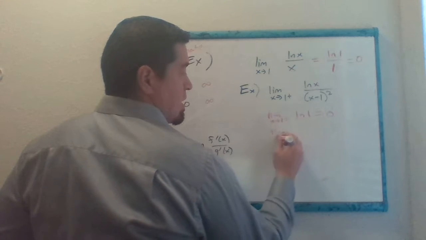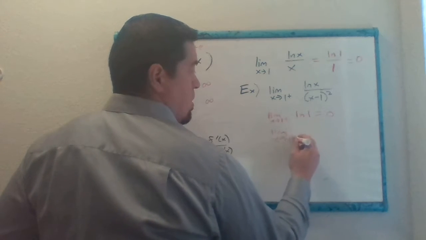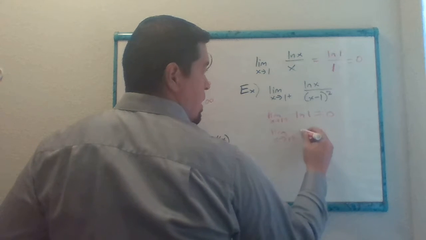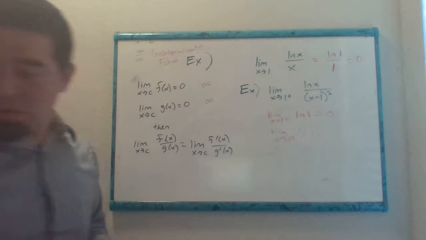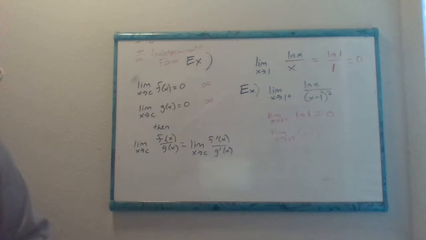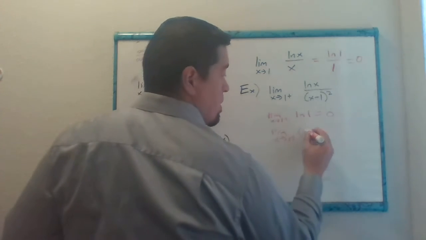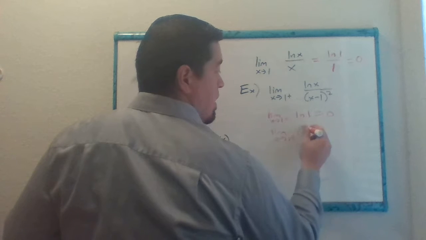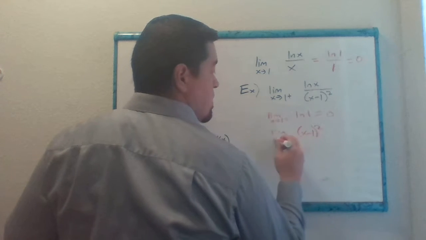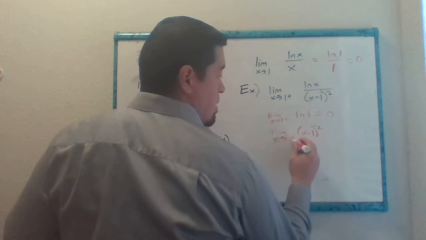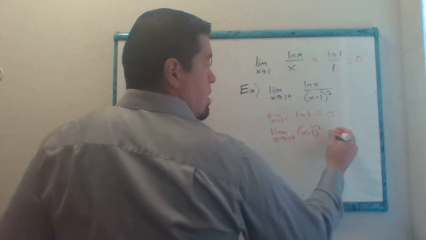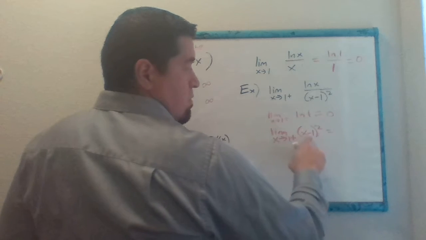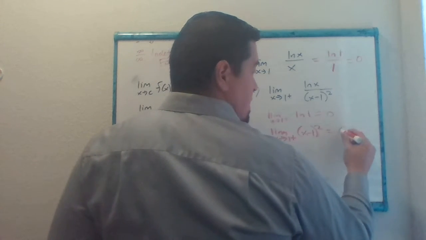The limit as x approaches 1 of x minus 1 squared. I'll get a better marker. X minus 1 squared, direct substitution of 1, you get 1 minus 1, that's 0.